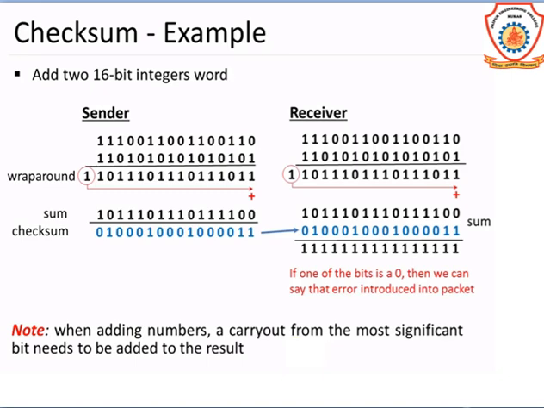If there is no 0 in this output, then we can say there is no error in this packet. An important note: do not forget to add the carry. If there is a carry out from the most significant bit, it needs to be added to the result. With the UDP checksum method, we can detect an error in a packet segment at the receiving host.